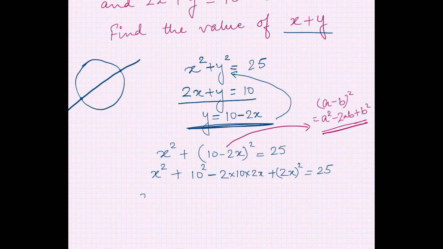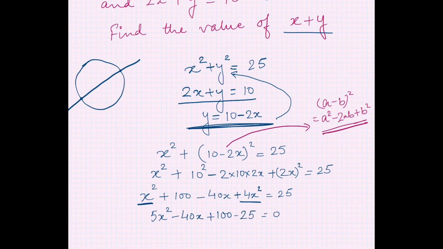So now we have x squared plus 100 minus 40x, because 2 times 10 is 20, times 2 is 40x, plus 4x squared is equal to 25. Let's simplify it further. x squared plus 4x squared will give us 5x squared minus 40x plus 100, and this 25, when we move it to the other side, will be minus 25 equals 0.